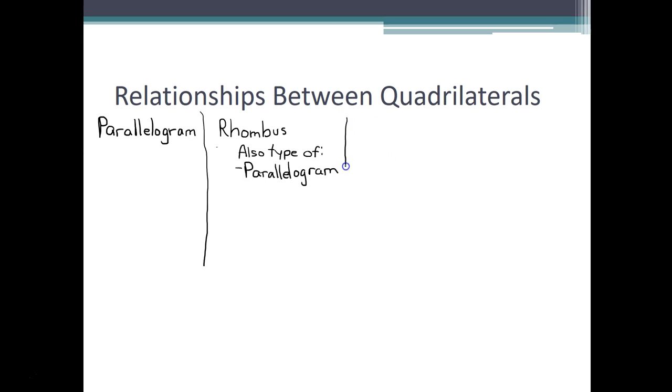Alright? So you had your rectangle. A rectangle is also a type of parallelogram because the definition of a rectangle includes everything from the definition of parallelogram. Opposite sides are parallel, opposite sides are equal in length.